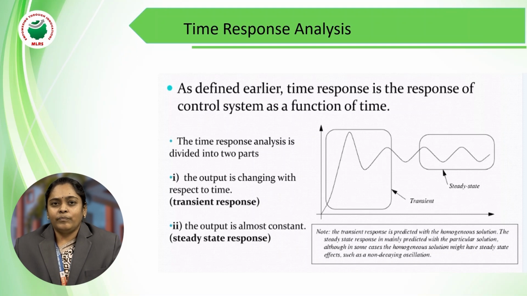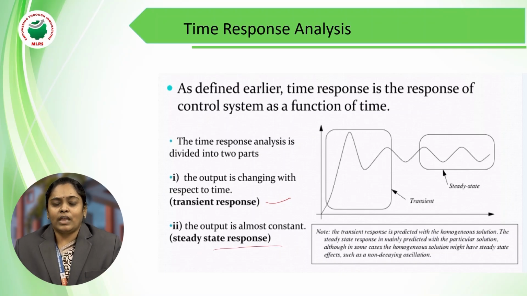The time taken for the fan to reach from 0 to the maximum value is called the transient response. After reaching the maximum value, it will continue at the same speed level. That is called the steady state response.